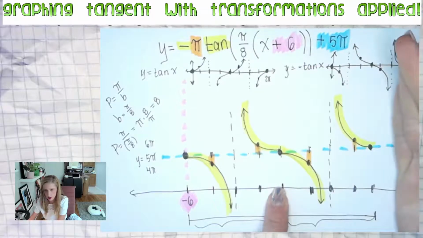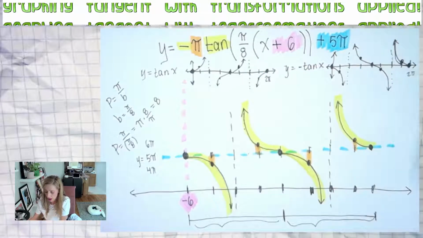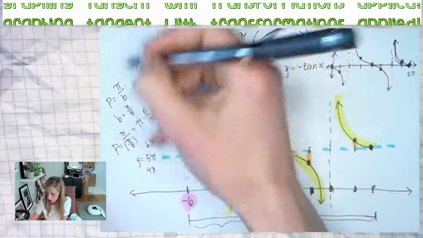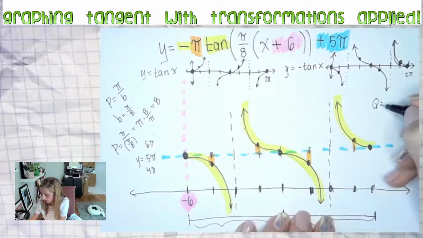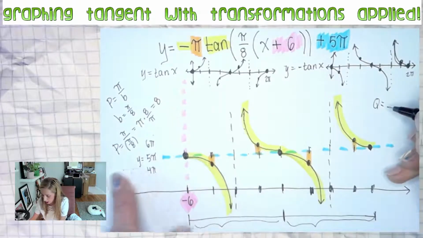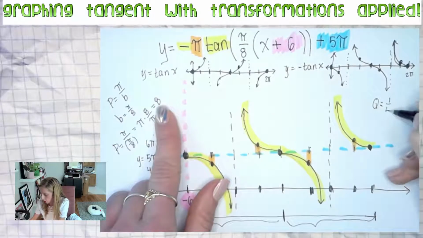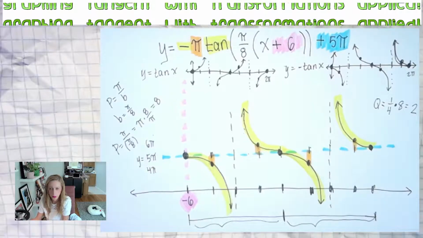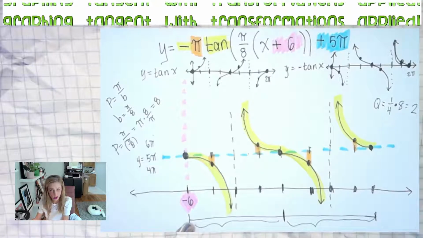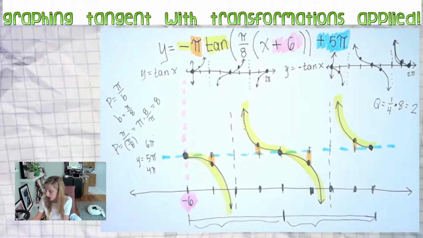And we just kept going till we did 2 of them. So we still want that quarter period. Quarter period is 1/4 of, what was it, 8? 1/4 of 8. Well, that's 2. Beautiful. So we're just going to keep adding 2. No common denominator needed. We have integers.